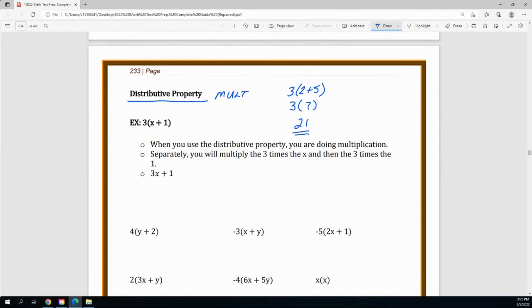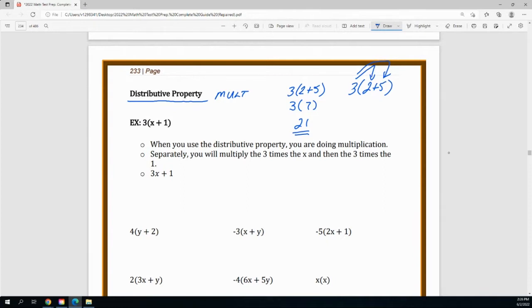You can do something called distribute. Let me show you what that means. I'm going to start with the same math problem. Distribution says this. Hey, if I'm going to take the 2 and the 5 and add them together and then multiply by 3, it's the same thing as if I took the 3 and multiplied it times the 2, and then I multiplied it times the 5, and then I combined them.